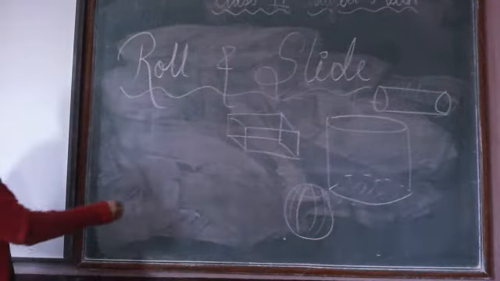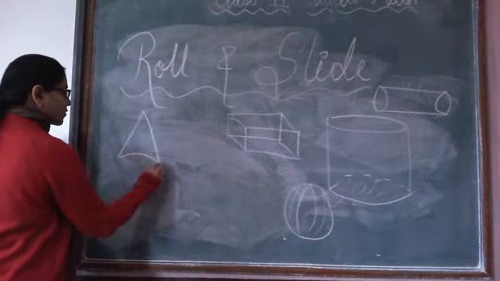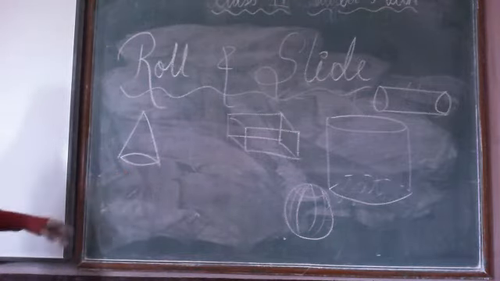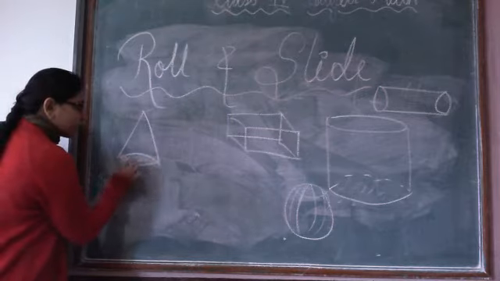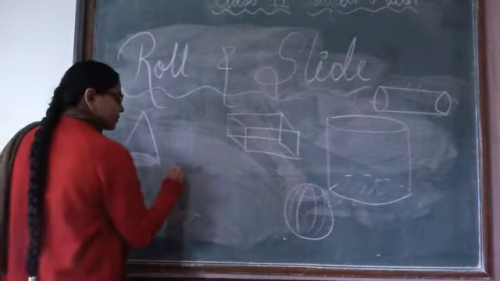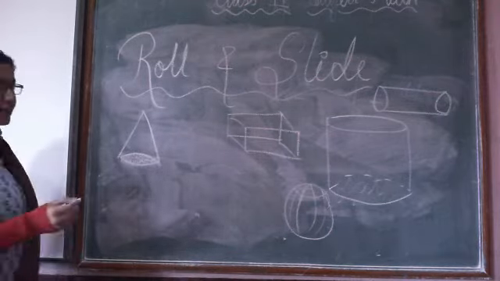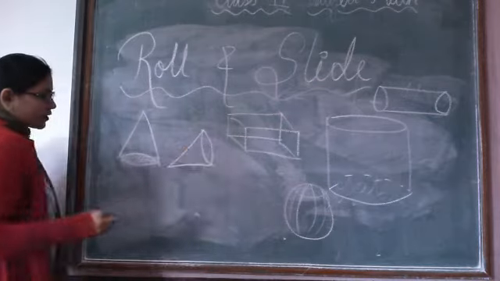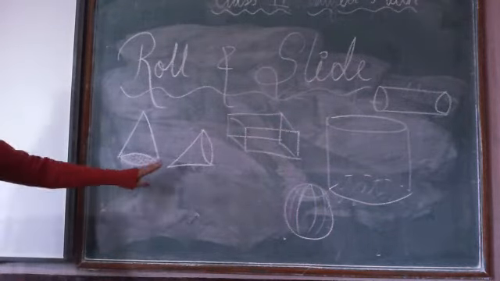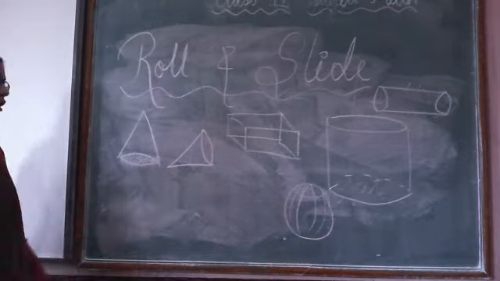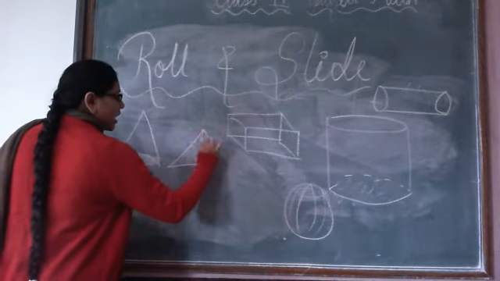Now, this cone, will this roll or slide? This will slide because this is the flat surface at the bottom of the cone. And if the cone is sitting like this, now this will roll because this is the curved surface now.